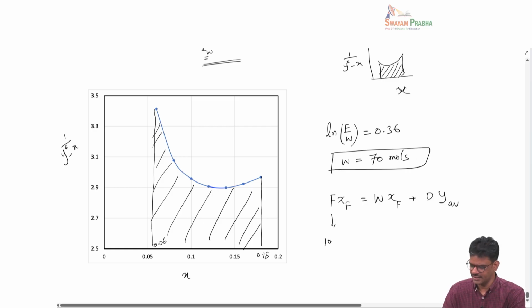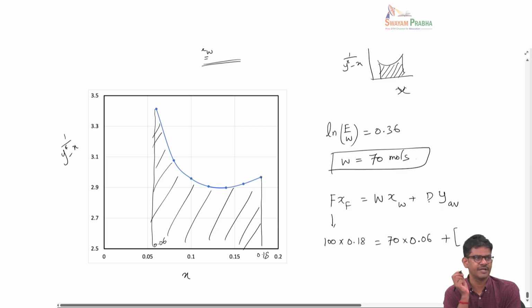F is 100, XF is 0.18, W is 70, sorry, this must be XW, this is 0.06, D is nothing but F minus W, so that would be 30 moles into Y average. Okay, and from here you can solve for Y average and should get something like 0.46.